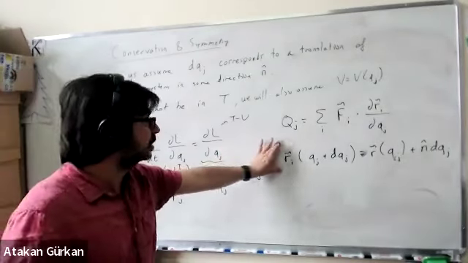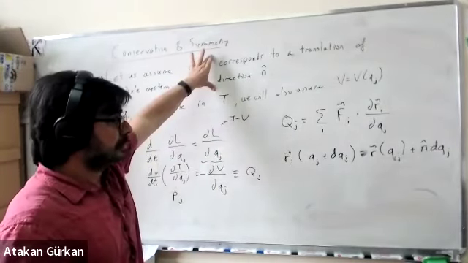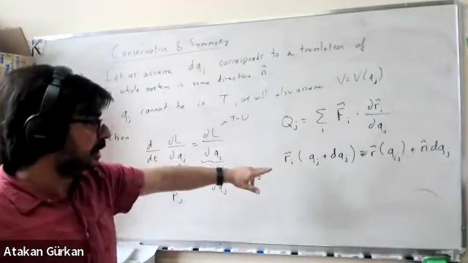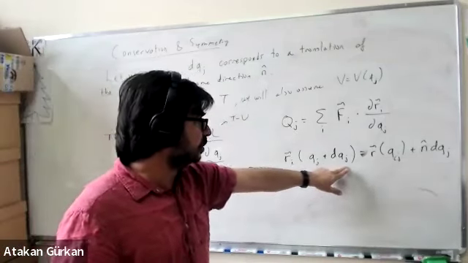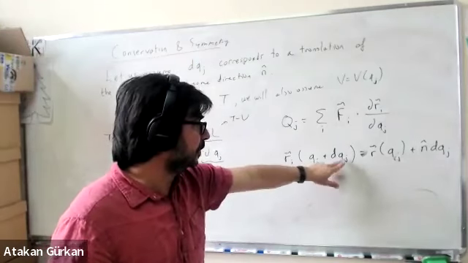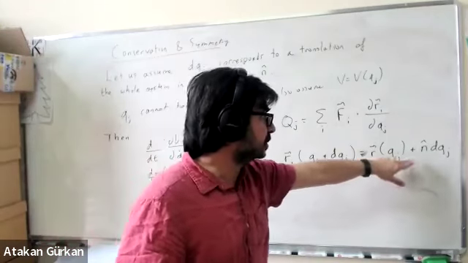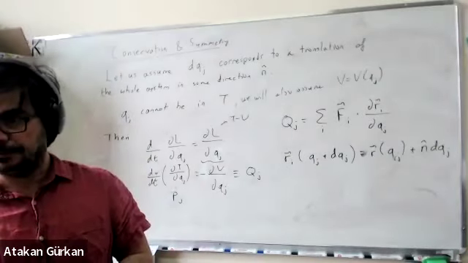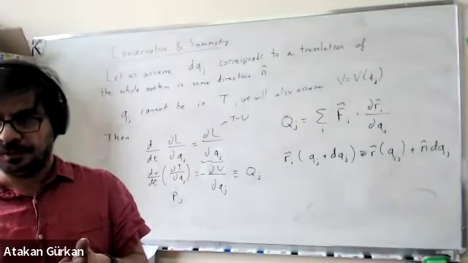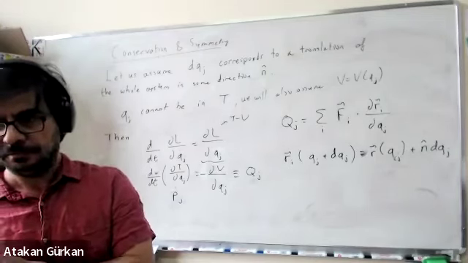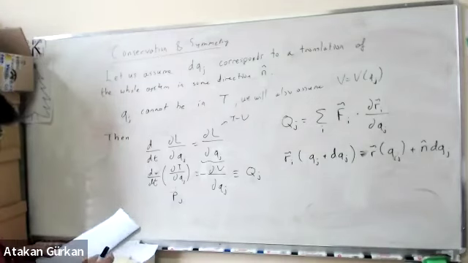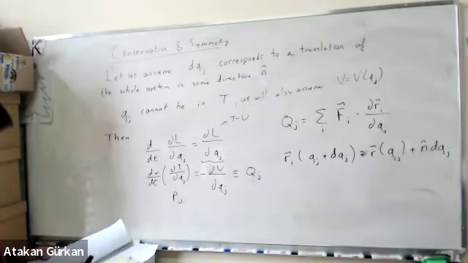So this expression is just this thing using symbols. Now, what does it say? If I change my generalized coordinate by dQj, then my position changes by some infinitesimal amount in some direction n hat. As I said, there's a nice figure in the book. If the mechanical expression doesn't help, then now we get the figure.